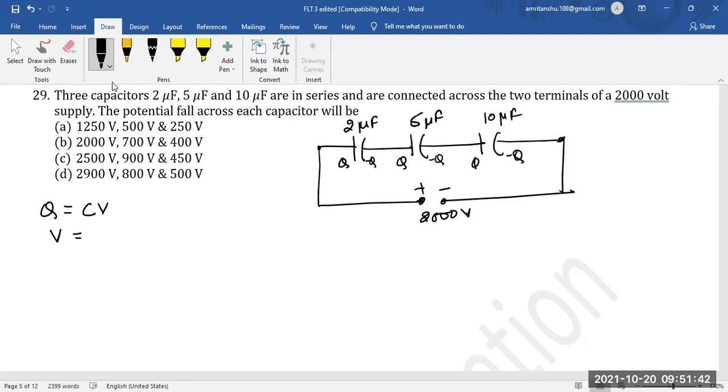Here let's say potential difference is V1. Here let's say it's V2. Here, let's say it's V3. So C1 V1 and C2 V2, C3 V3, like this we can say. So V1 is going to be Q by C1, which is going to be Q by 2 microfarad.